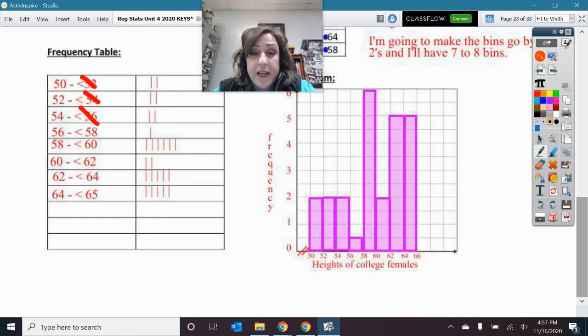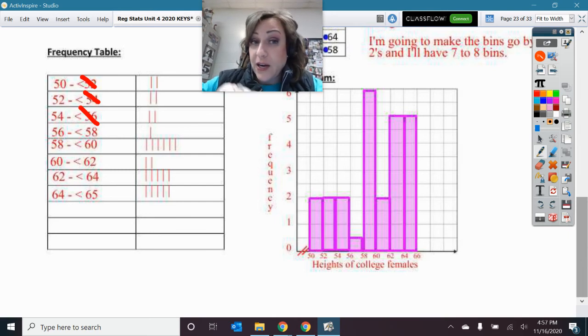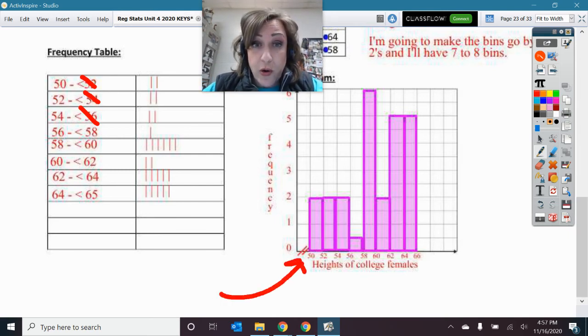So let's take a look down here. I've got the label, heights of college females. Now, here's something interesting because we don't want to violate the area principle. You are allowed to do little railroad tracks right there and jump up to 50. But you can't do railroad tracks on the y-axis, because then that would make some bins look like maybe half of another one when they're really not half.